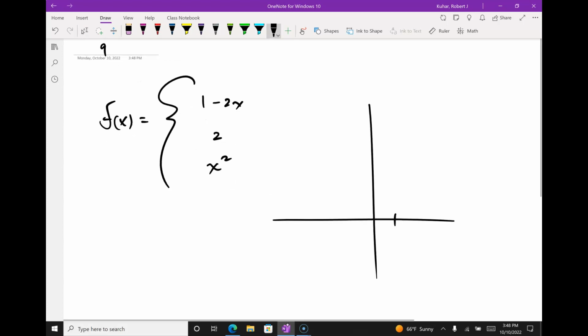So at x equals 1, I just have the height of 2, a single point. x greater than 1 is my parabola, x squared, and x is less than 1.